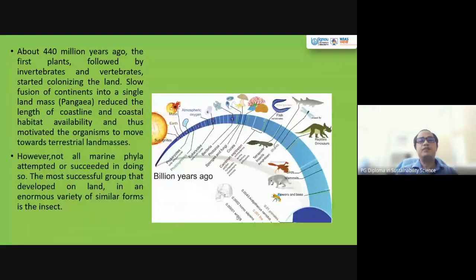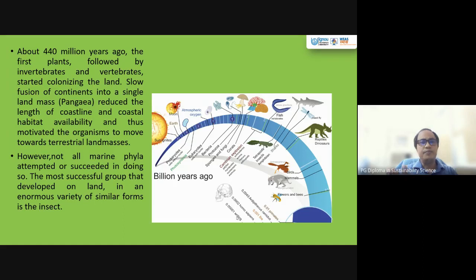Then you find the first plants, followed by invertebrates and vertebrates. They started colonizing the land, first plants on the land. At the same time, there was another geological phenomenon. As we know, a single continent was divided into, by our assumption, about 7 continents.